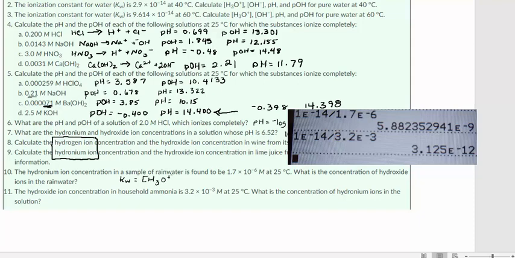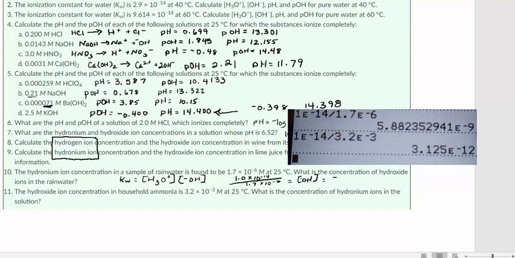So Kw is 1 times 10 to the negative 14. If I divide that by the value that I know, my hydronium, 1.7 times 10 to the negative 6th, I will be left with my concentration of hydroxide ions, which I get to be 5.9 times 10 to the negative 9, capital M molar.